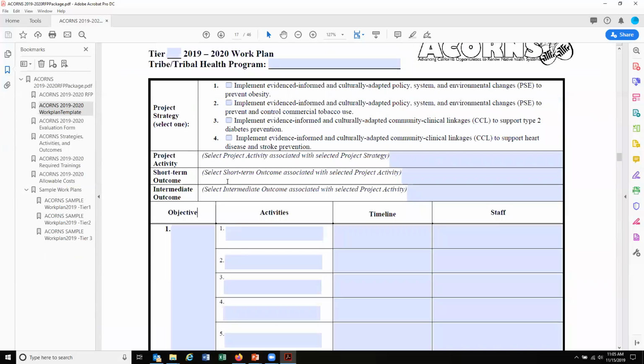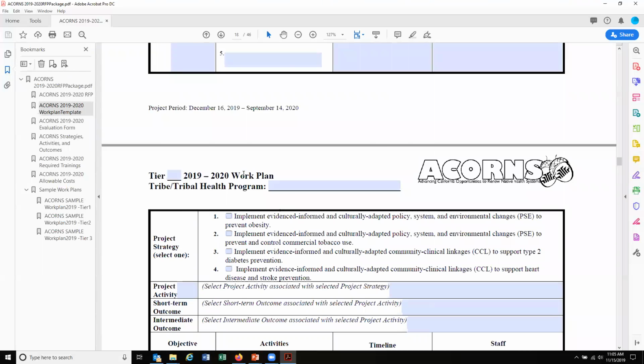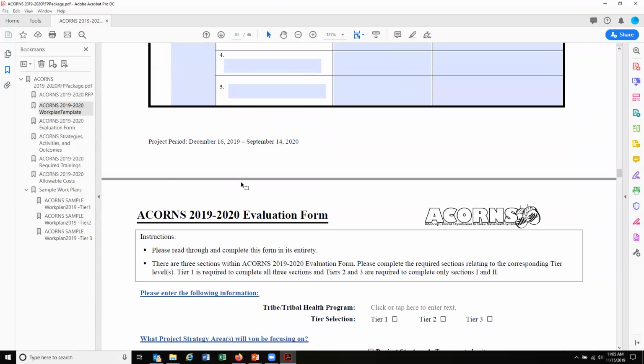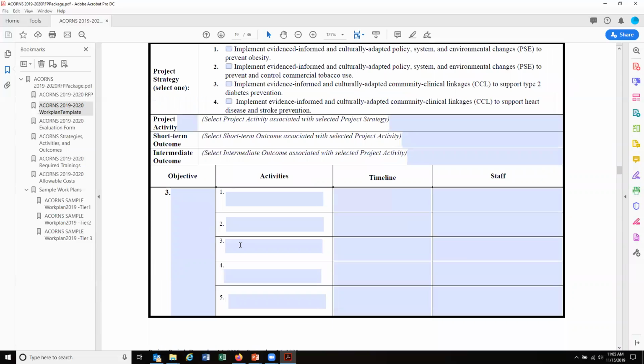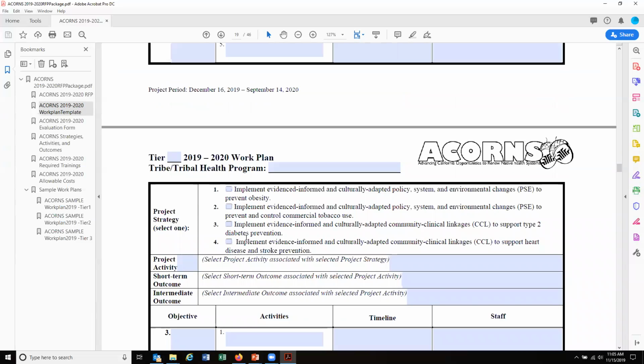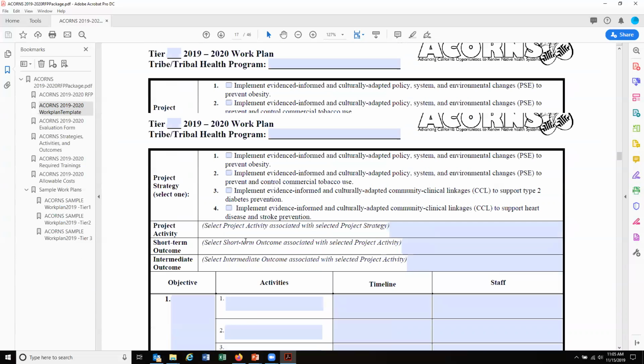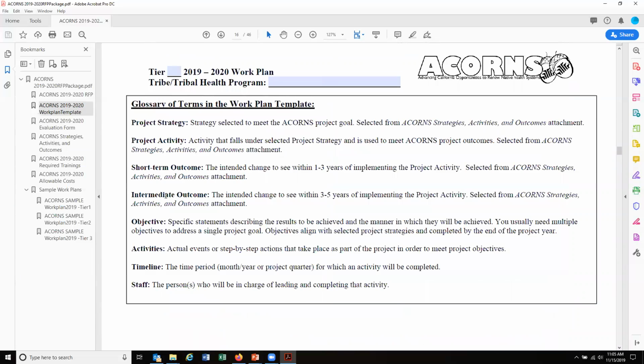There is a Word version of this template, so if you would prefer that, we can send you that. Also, if you end up having more than 3 objectives, we can send you an updated work plan version so that you can build on that. So that is your work plan template.